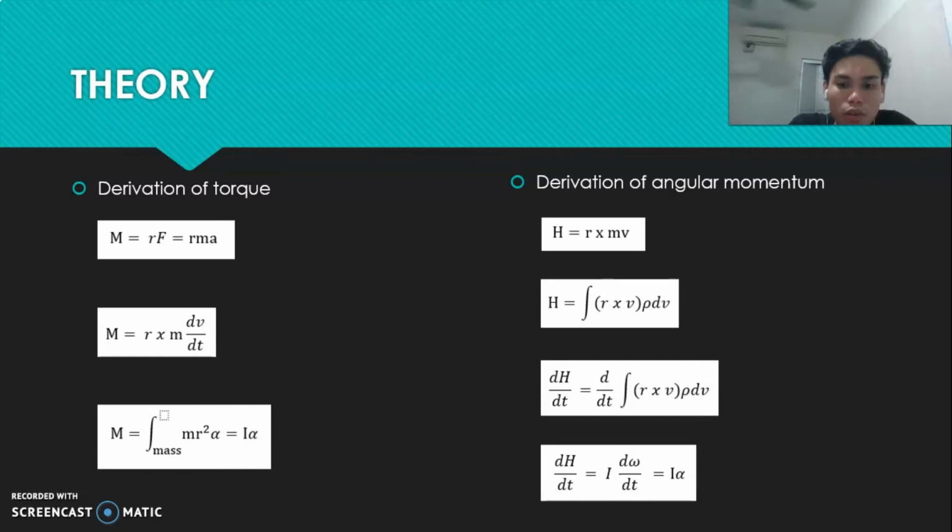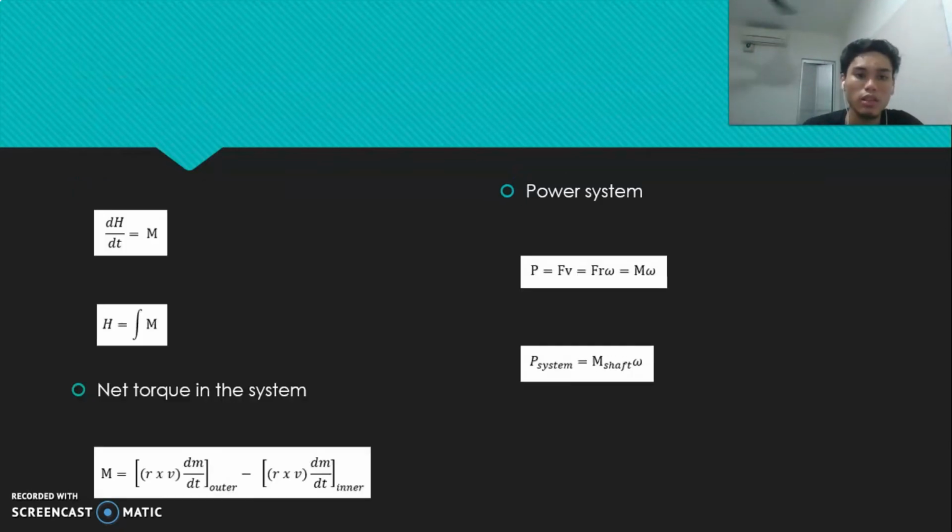When we derive the rate of change of angular momentum, we get the new equation: the rate of change of angular momentum equal to the moment of inertia times the angular acceleration. So we can conclude that the torque is equal to the rate of change of angular momentum, and vice versa, the angular momentum is equal to the integral of the torque.